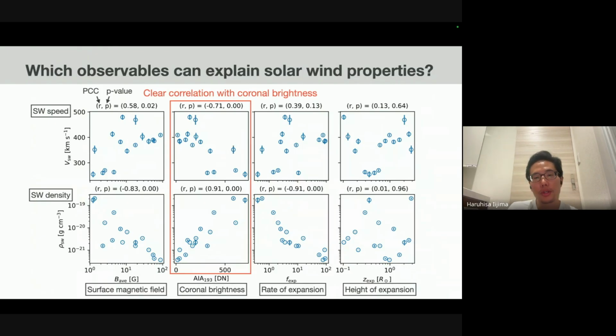The correlation coefficients are minus 0.71 and 0.91, respectively. Especially, the speed of the solar wind anti-correlates with the coronal brightness.